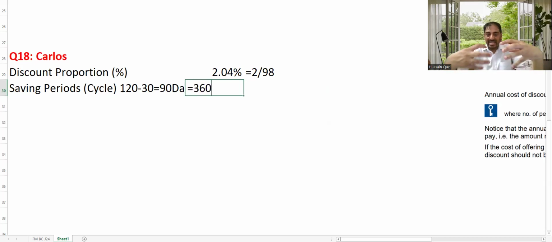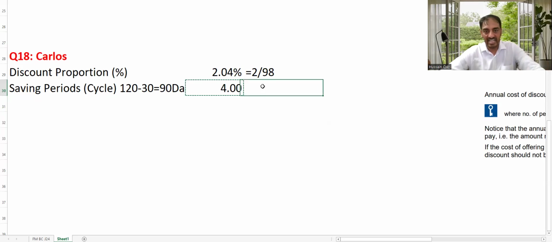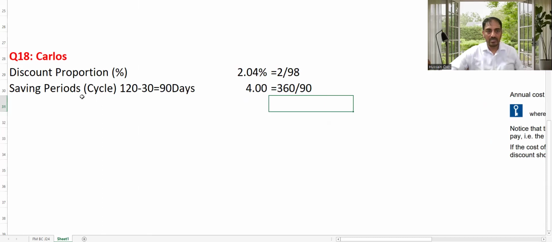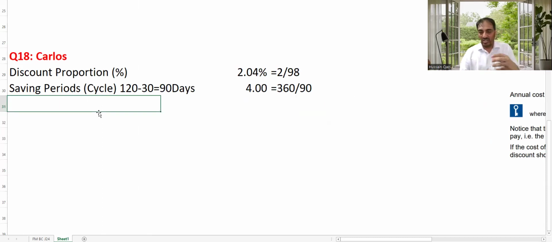yearly. This cycle on yearly basis, 360 divided by 90. That's 4. That means whatever you are offering here, you are offering 90 days early payment.